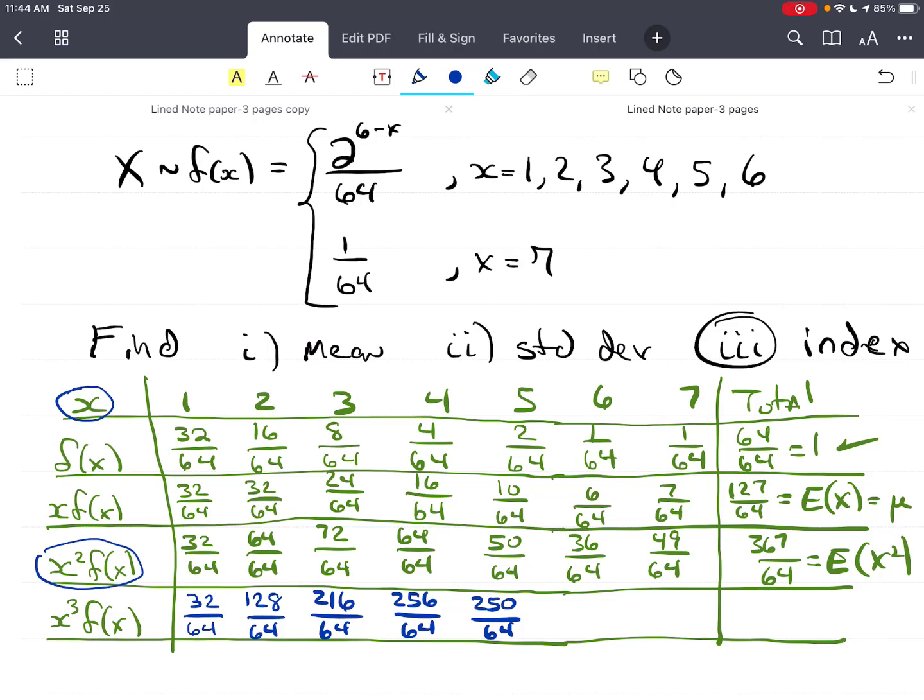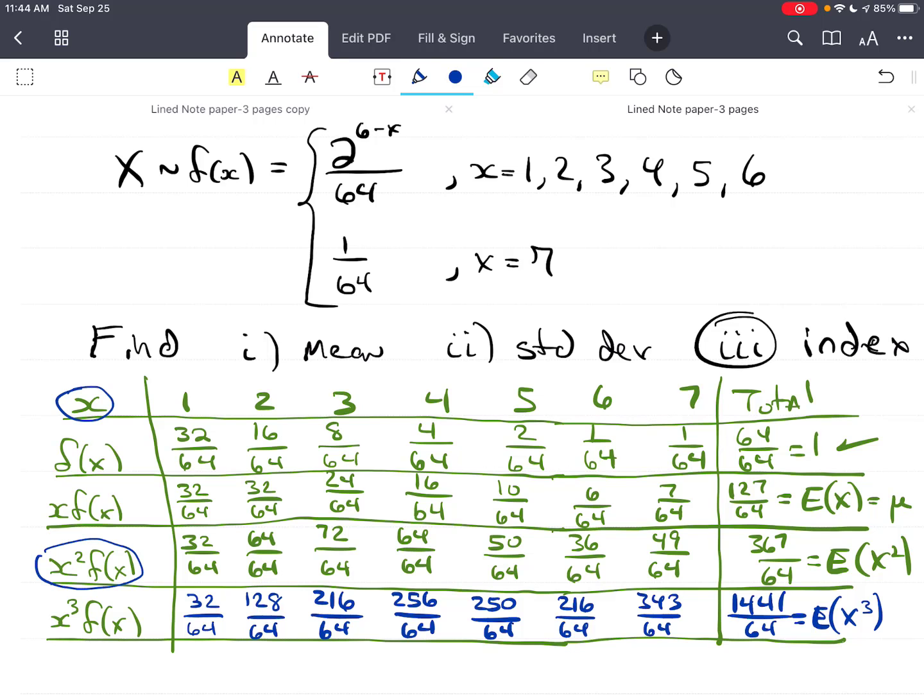And then 6 times 36 is 216 over 64. And finally, 7 times 49 is 343 over 64. And we add those up to get 1441 over 64. This is E of x cubed.